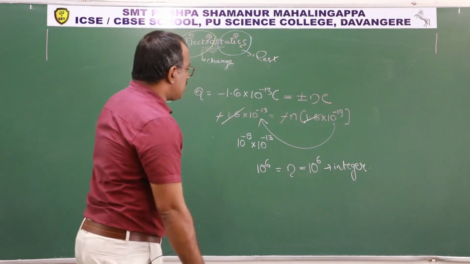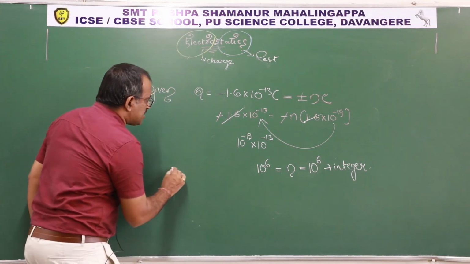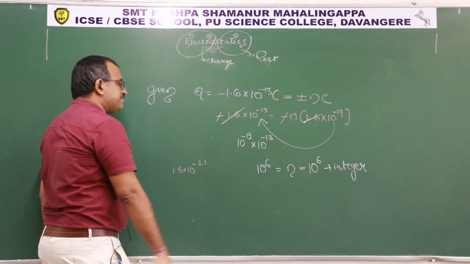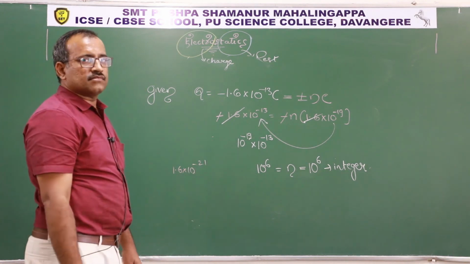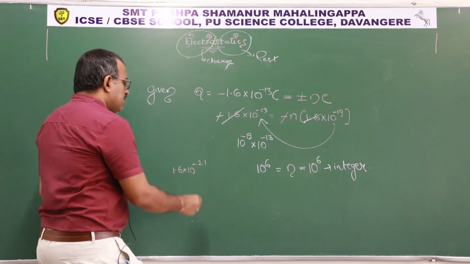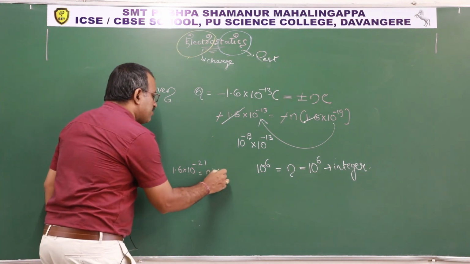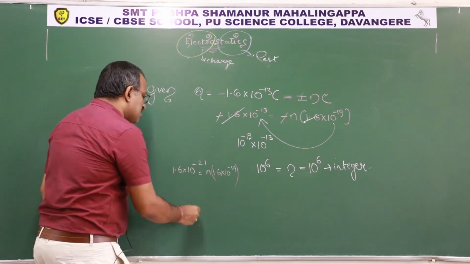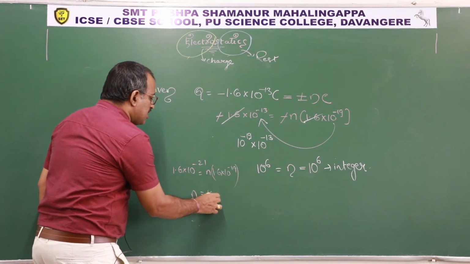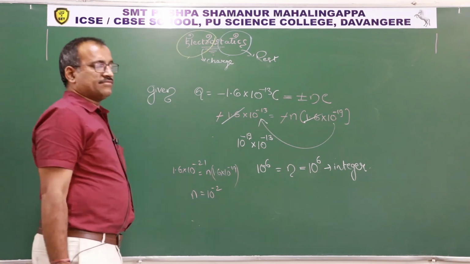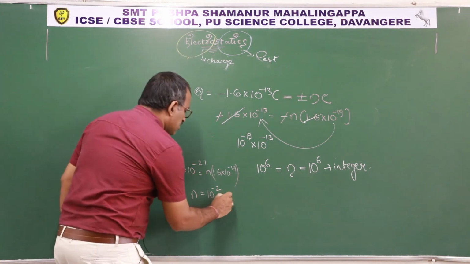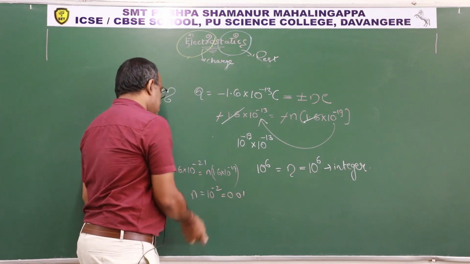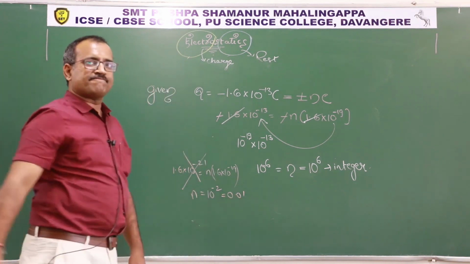If I talk about a charge like 1.6 into 10 power minus 21, which is equal to n times 1.6 into 10 power minus 19, then the answer will be n is equal to 10 power minus 2, which is equal to 0.01, which is not possible.